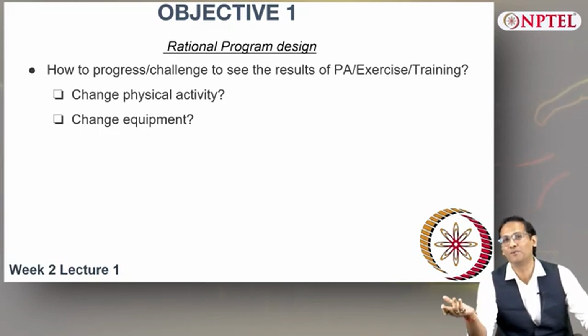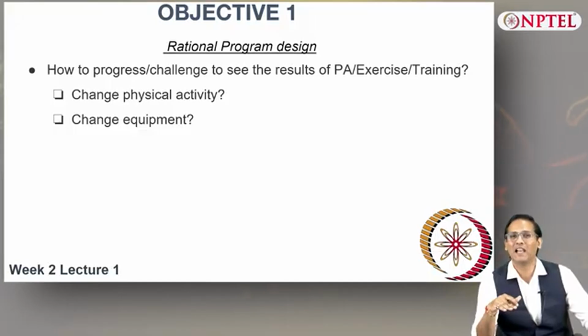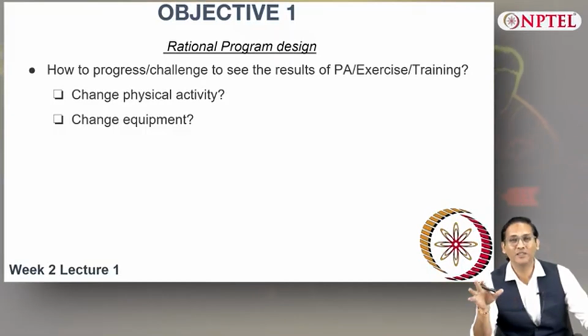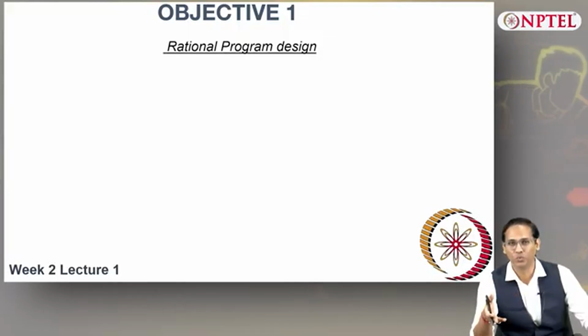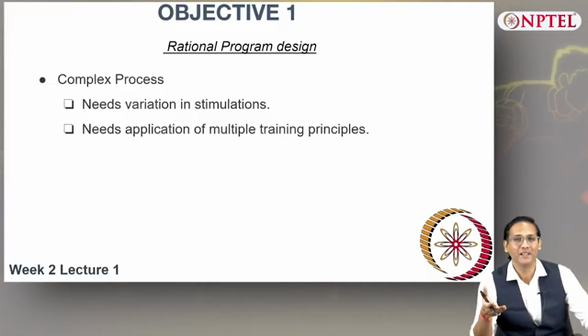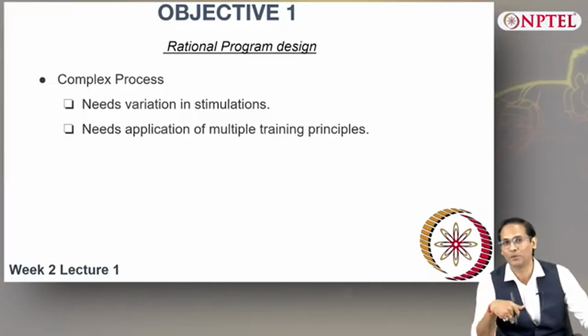You do not see any progression. So changing physical activity or equipment does bring adaptation, but only for the initial phase. So there is something more to do beyond simply changing physical activity or equipment.